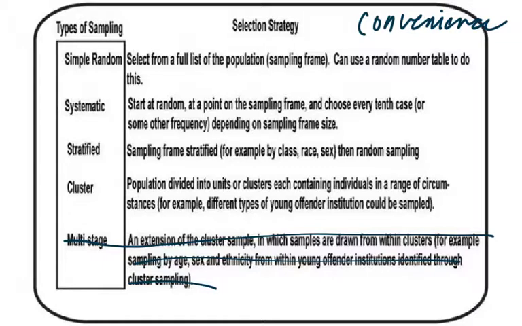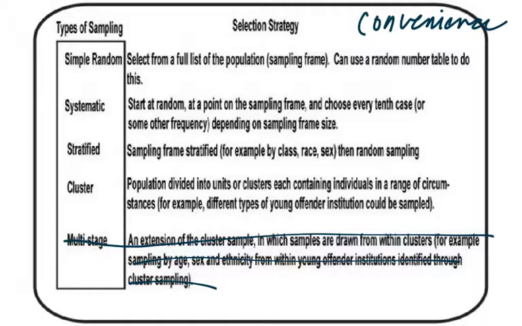Essentially, if you have a full list of the population, you choose a random selection where everything has an equal chance of being selected. You could use a random number generator, and if you had people's names listed 1 to 100 and you had a random number generator pick 20 of those numbers assigned to people's names, that would be an example of simple random sampling.